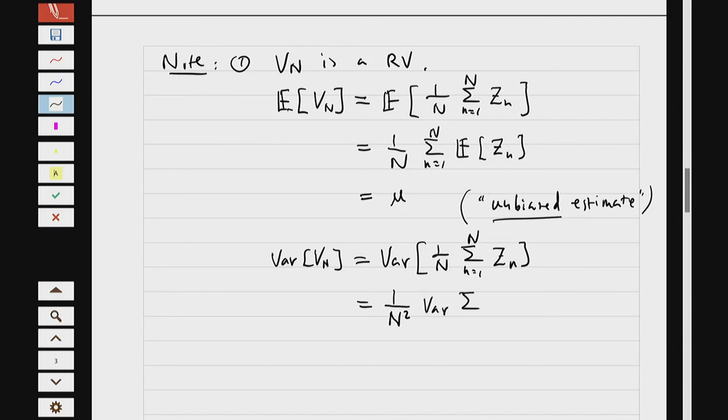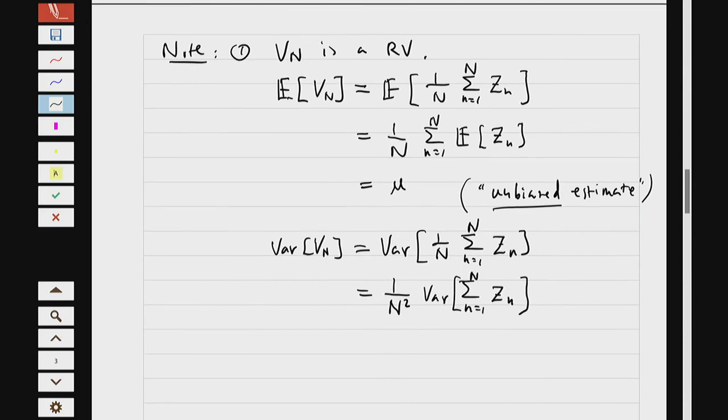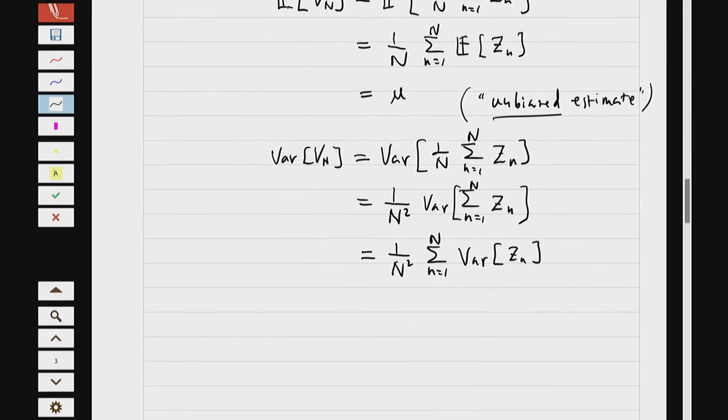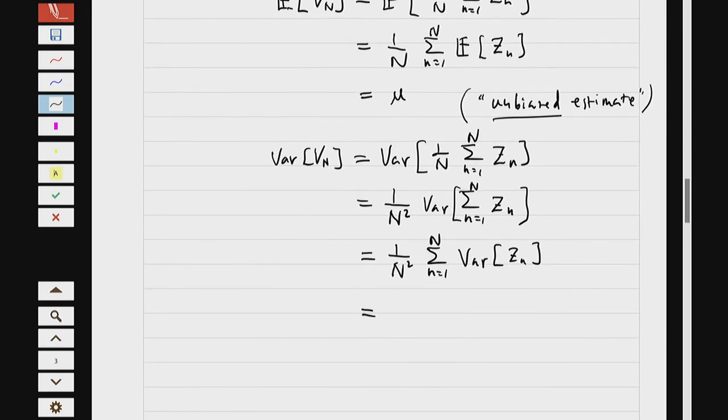But this sum is a sum of independent random variables. For independent random variables, the variance of the sum equals the sum of the variances. Remember that property from ECE 302? And what is the variance of a Bernoulli random variable?